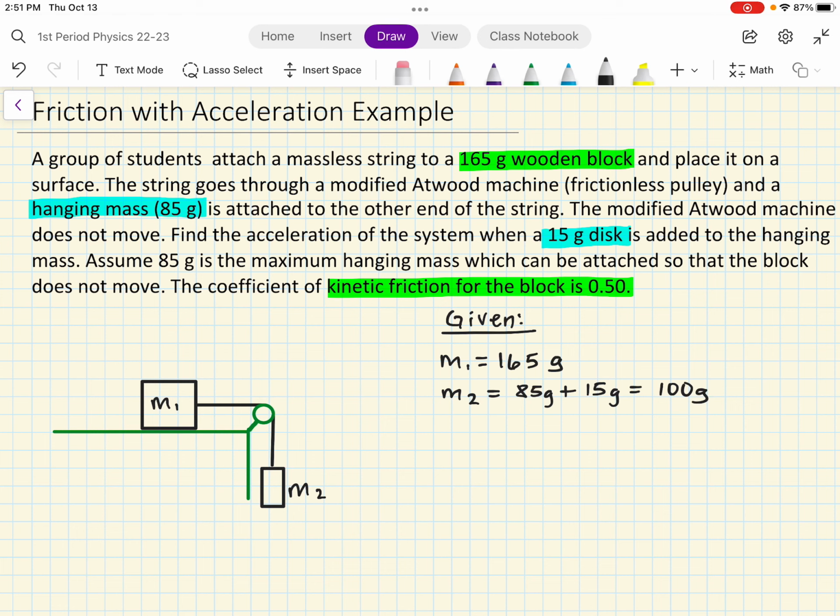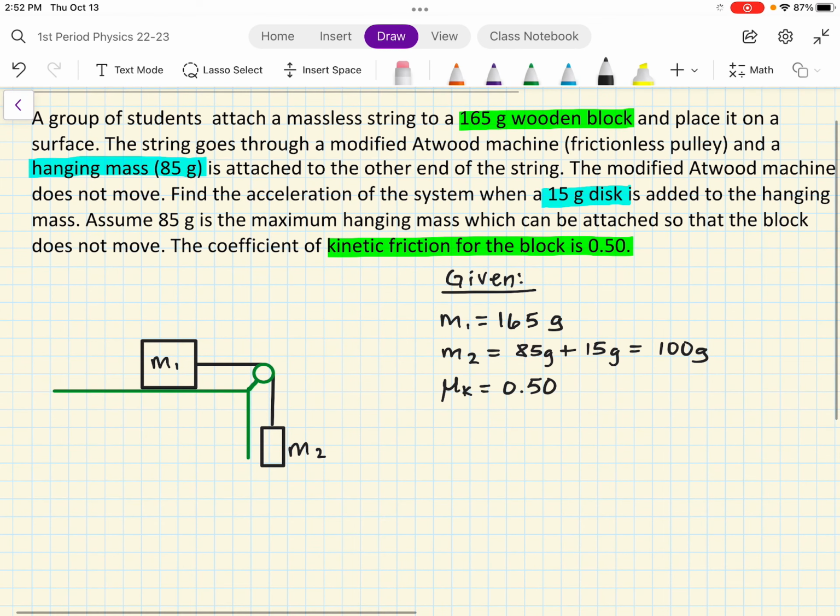That is mass 2. Then we have the coefficient of kinetic friction because now we have motion. So mu sub k, that's kinetic friction, 0.50. And we know the acceleration of gravity is 9.8 meters per second squared.